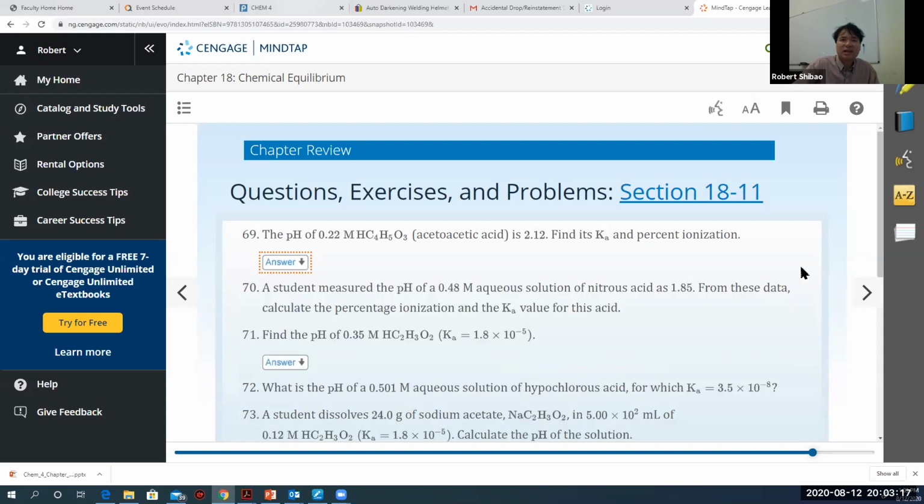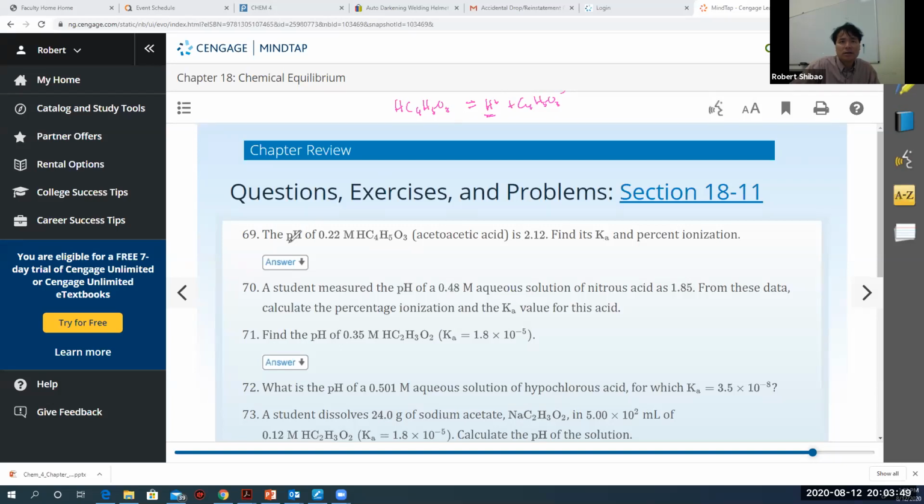What happens is weak acids are weak electrolytes, and weak electrolytes partially ionize in water. And so if I have this acid like this, C4H5O3, a little bit of this will break apart to form H+ and C4H5O3 minus. And this H+ here will cause pH.